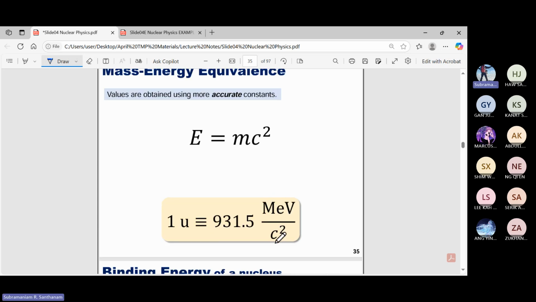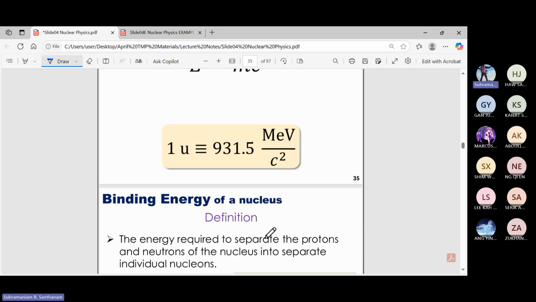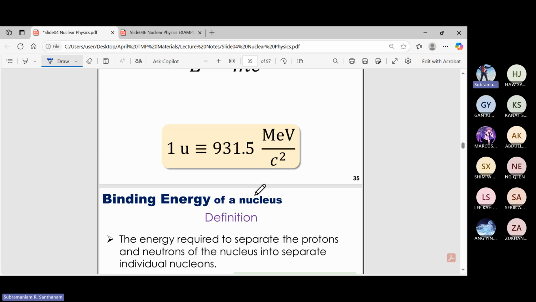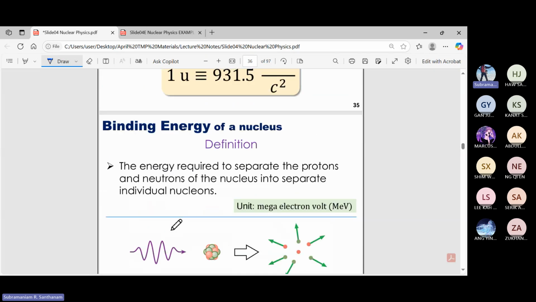The c squared we already calculated into the formula earlier. So 1U equals 931.5, but what we worked out is 934. Sometimes it is due to the decimal calculations involved, so no need to worry about that.